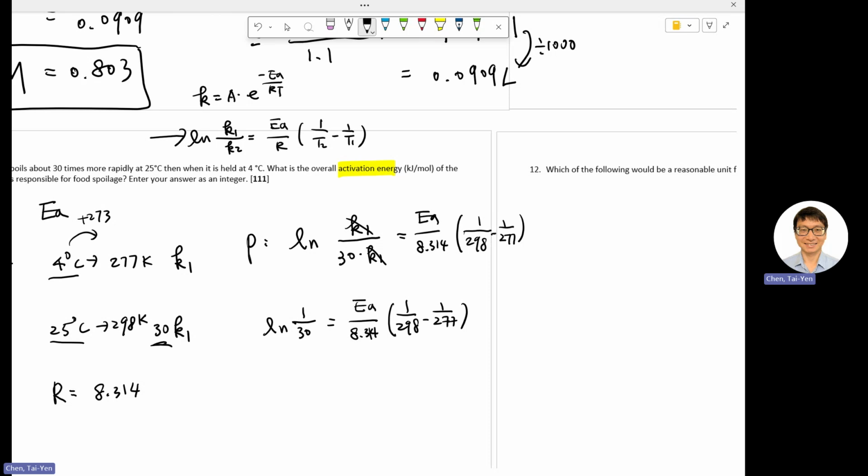The only unknown is EA. Enter all these numbers in your calculator and you should get EA equals 1.11 times 10 to the 5th power joules per mole.